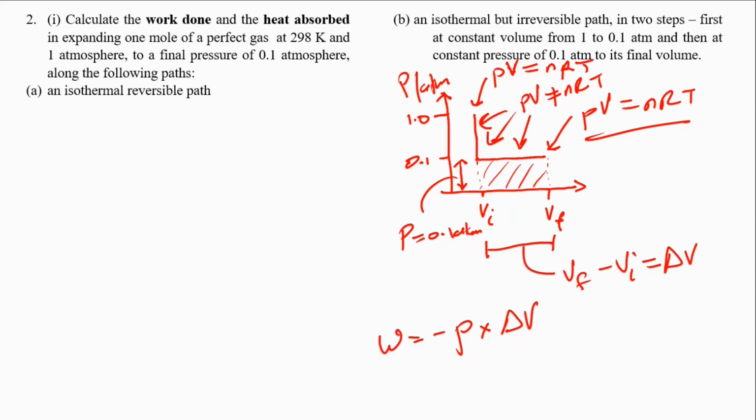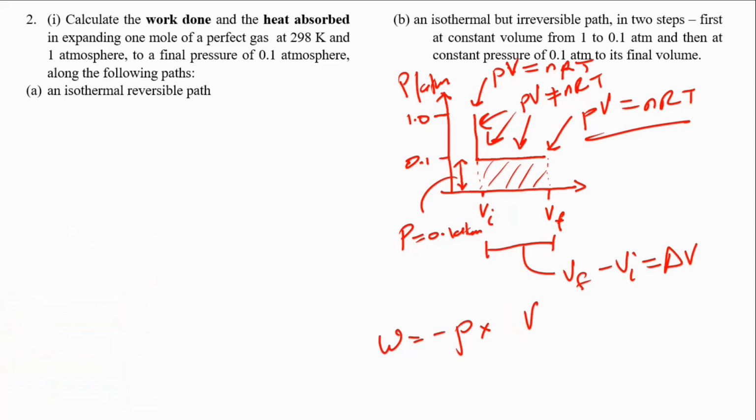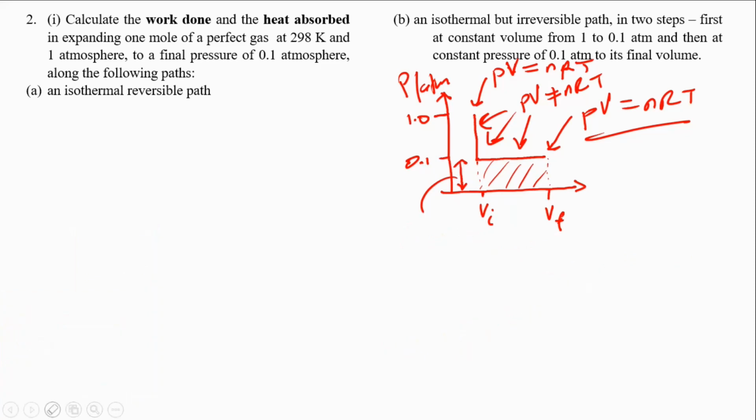But in between the beginning and the end, PV is not equal to nRT and we cannot use it. All right. Let's go ahead and do the calculation of the volume.